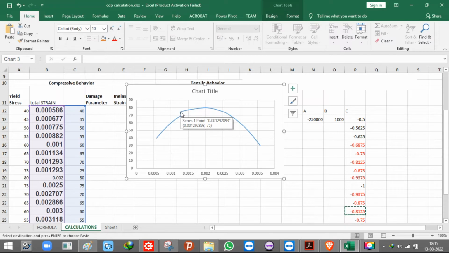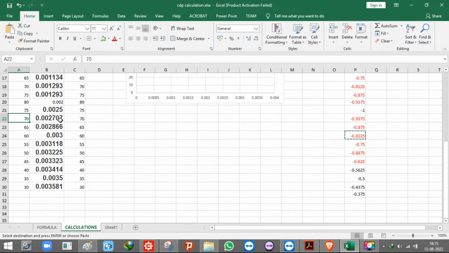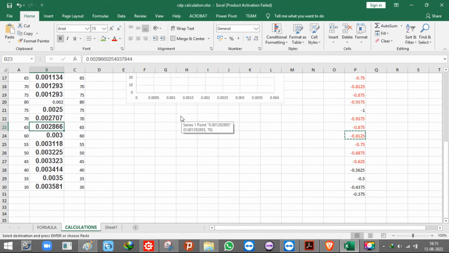Why is it going like this? For 75, 70 and 75. So for 70, 2728. No, there is some issue, because the strain is okay, no problem. Up to 70 is correct. 0.00129 up to 70.